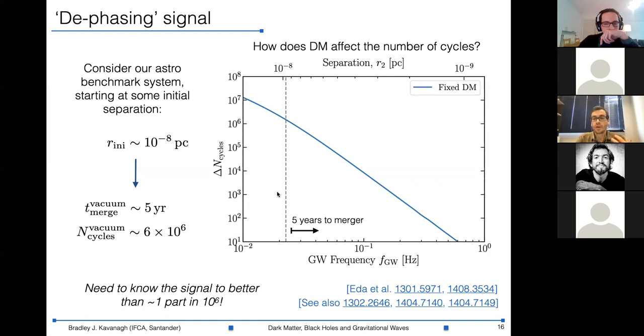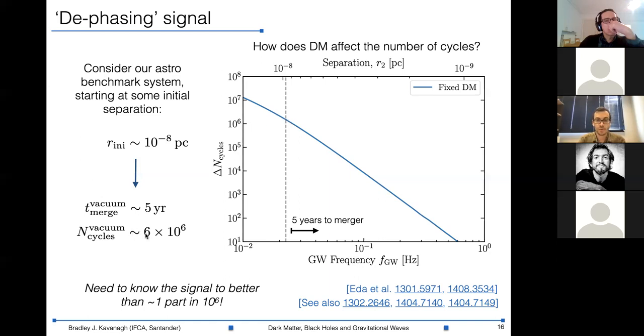But then when you calculate the change in the number of cycles from some given starting frequency, or equivalently some given starting separation, up to the merger, you find that the change in the number of cycles due to this dynamical friction effect, due to this dephasing, can be huge. If you look at 5 years of this inspiral, the change in the number of cycles can be a few million, over 10 to the 6.